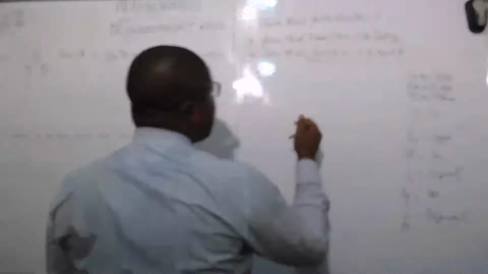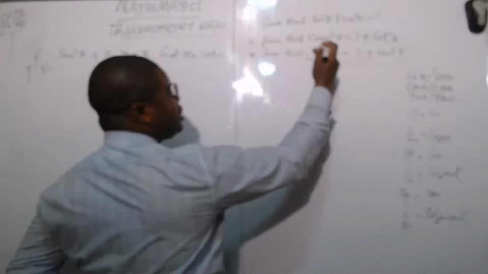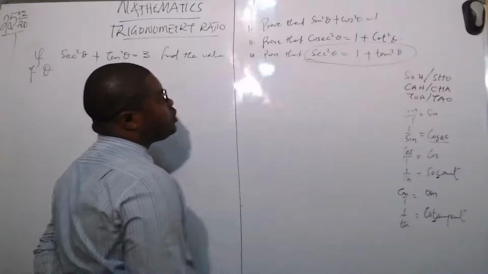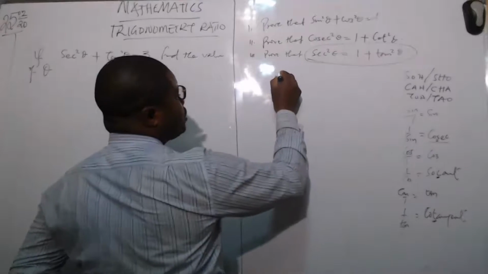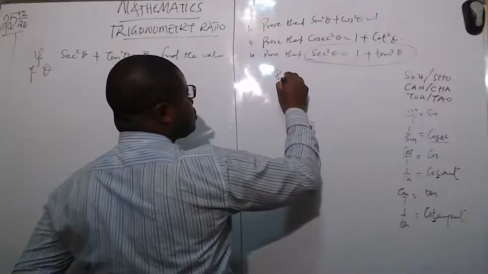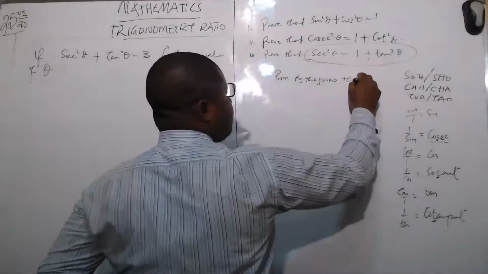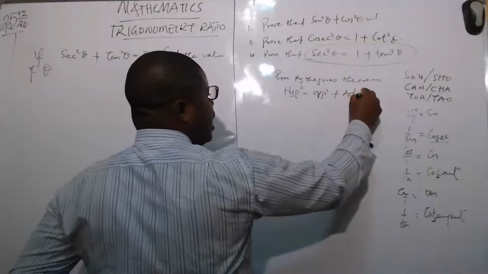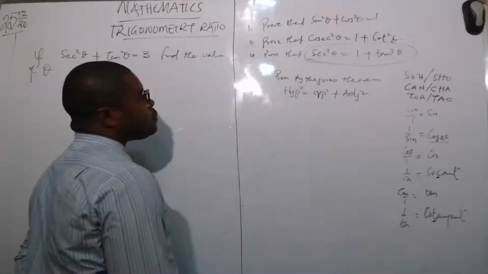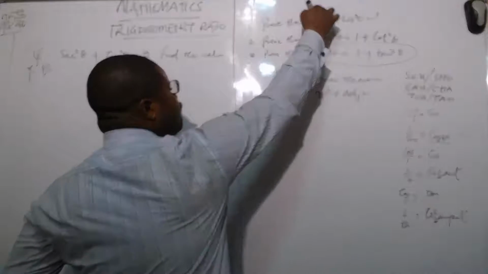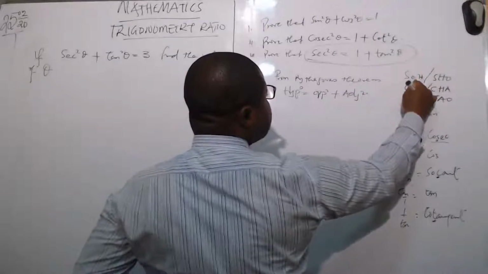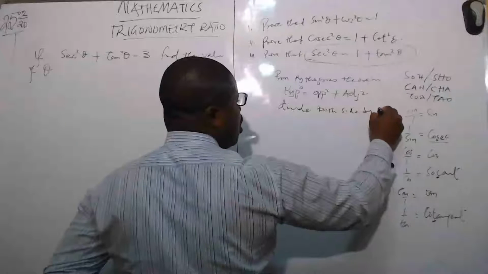Then before that, we have: prove that this is the same thing as that. Now we have, from Pythagoras theorem, opposite square plus adjacent square equals hypotenuse square.